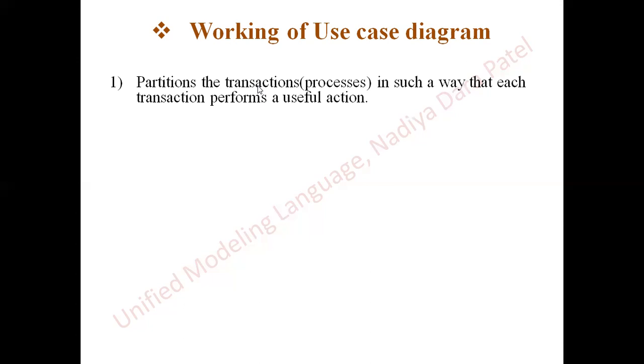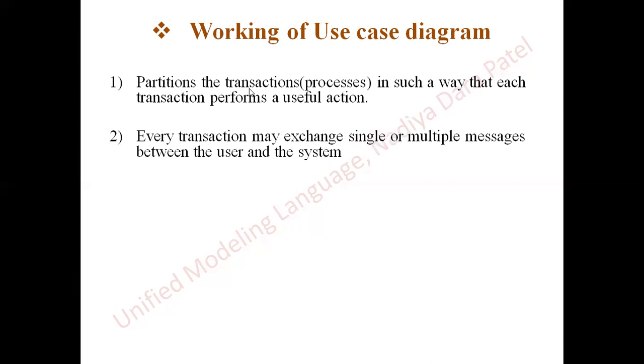So in use case diagram, we are going to focus majorly on finding these transactions. One, find these transactions, and the second, find the initiators or actors, or that something or someone who are going to carry out these transactions. Every transaction may exchange single or multiple messages between the user and the system.